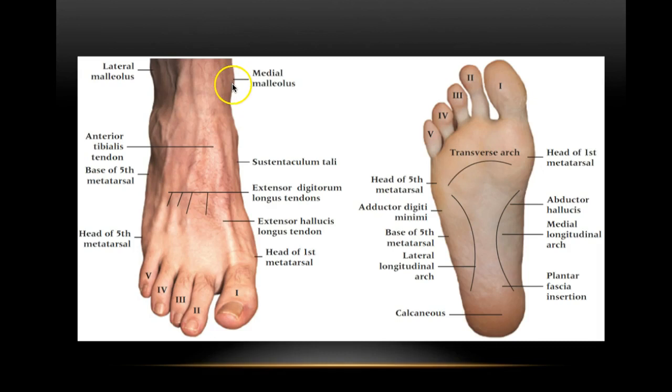You have to recognize what the medial malleolus and the lateral malleolus look like, the base of the fifth metatarsal, and understand where the arches are, and understand that, for the most part, a healthy, normal foot will look like this. Anything that's outside of this or out of the norm, you should be able to recognize if something is out of place or if there's a major deformity.